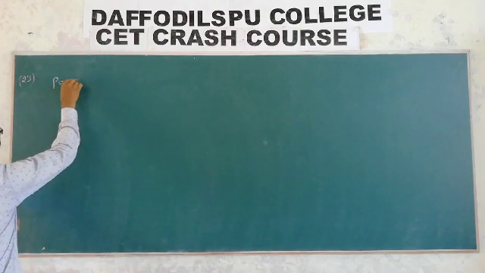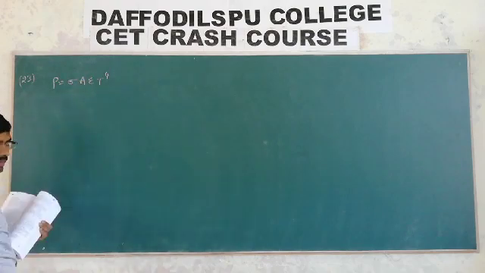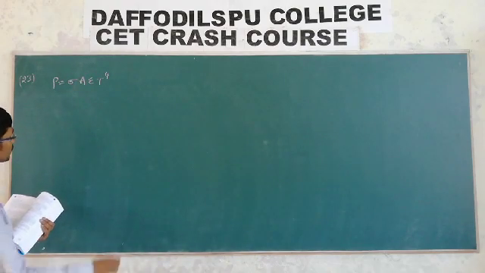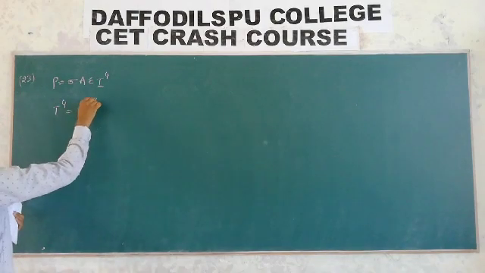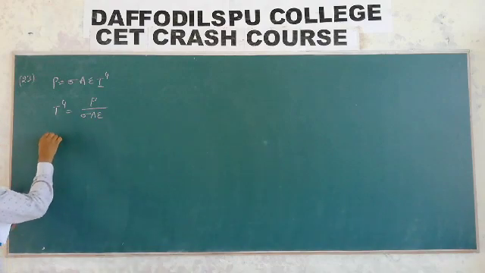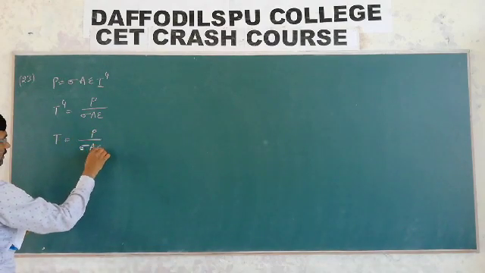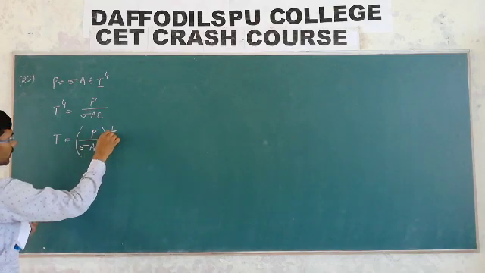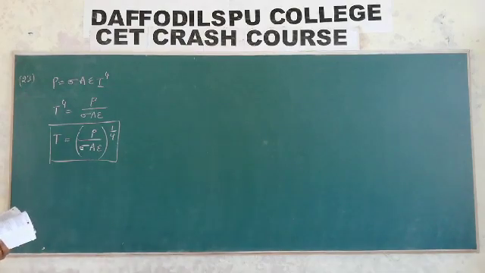P is equal to sigma A E T power 4, but we need to find the absolute temperature T. Then T power 4 is equal to P by sigma A E. Therefore, temperature T is equal to P by sigma A E whole power 1 by 4. Let us see the next one.